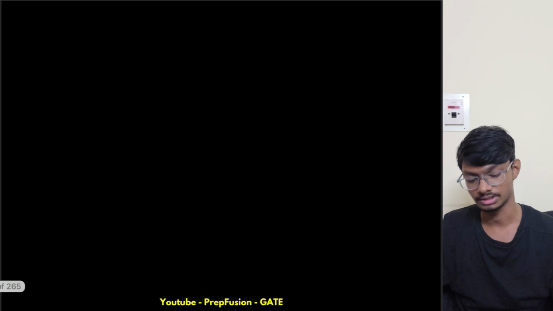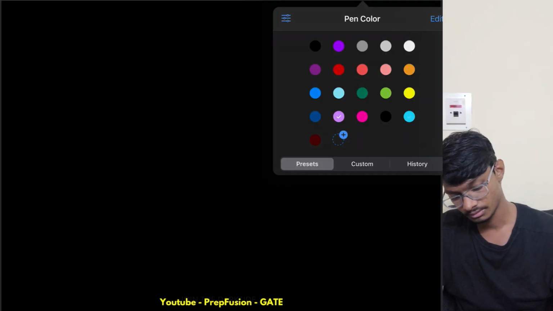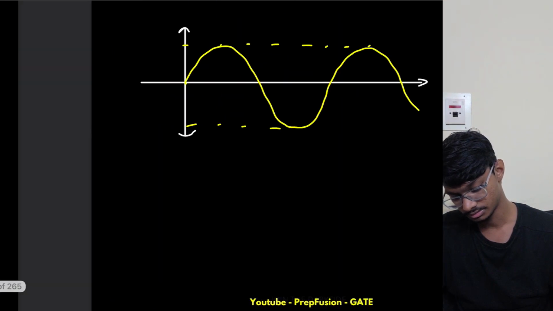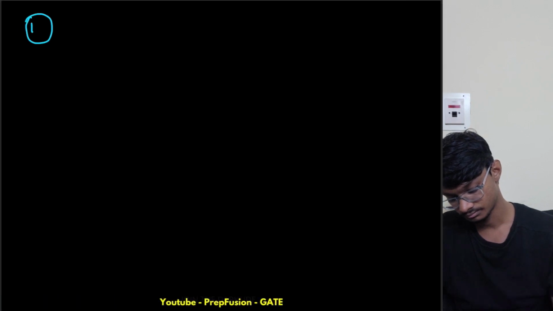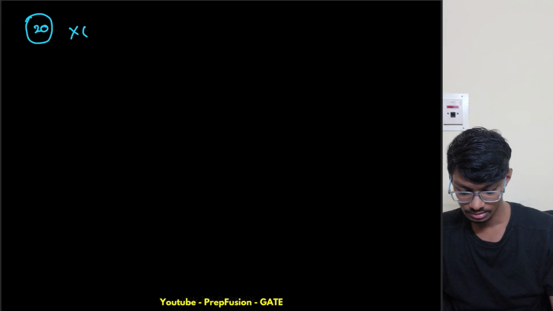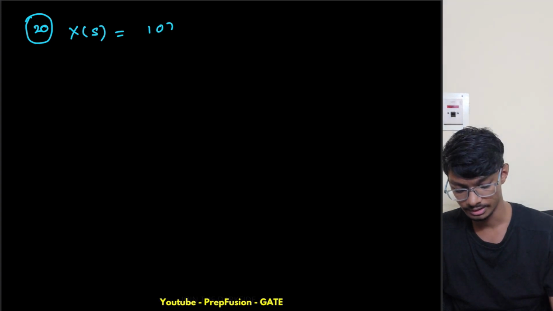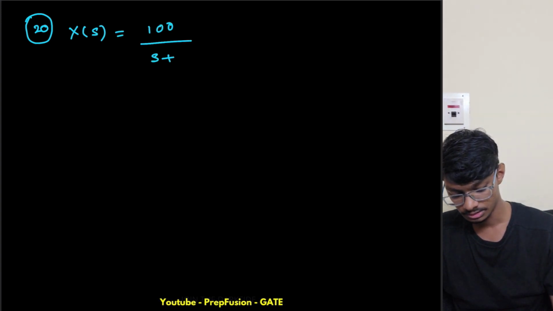Now let us take another example. Again, simply take the same example, example 20. So X of s equals 100 by s plus 4.